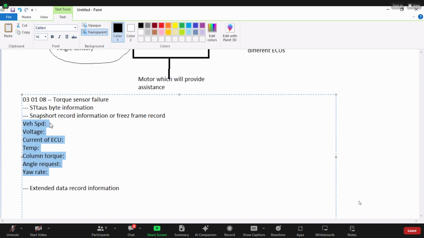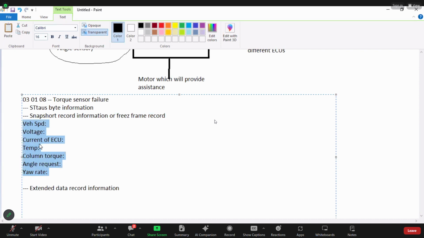When the vehicle speed was 180 kilometers per hour, at that time suddenly the column torque increased. Then because of that, the torque sensor failed. Guys, are you able to understand me? So for later analysis, these snapshot records are important.